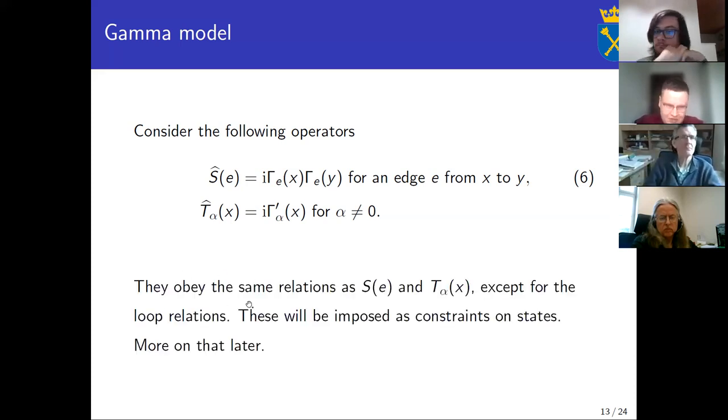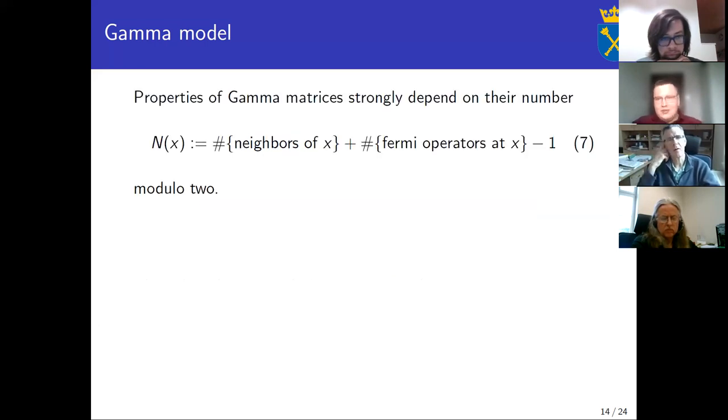So these operators with hats, one can verify that they obey all of these relations that I showed to you earlier, except for these loop relations. These loop relations play a special role, and so they will not hold as operator identities, but they will be imposed as constraints on states. And I will come back to this a bit later.